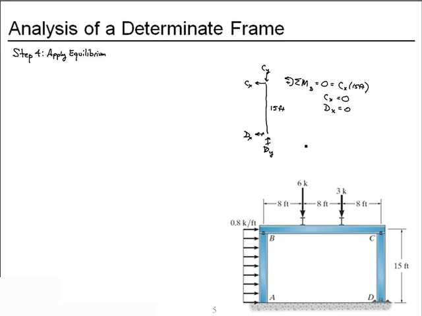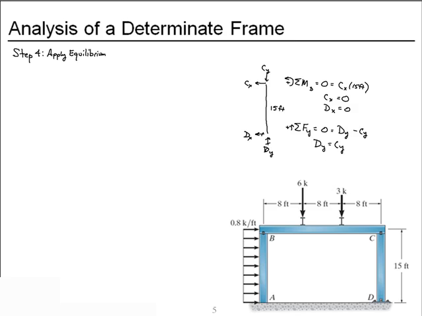And horizontal equilibrium would demonstrate that. Now let's sum forces in the y. I get Dy minus Cy, so I get Dy is Cy. They have equal magnitudes and our arrows show they're in opposite directions.